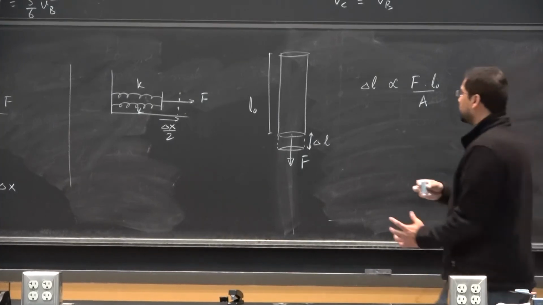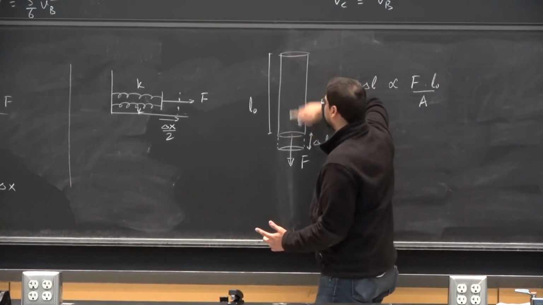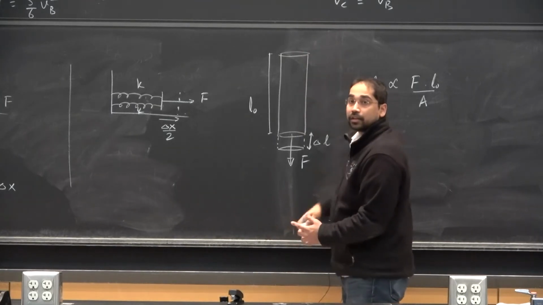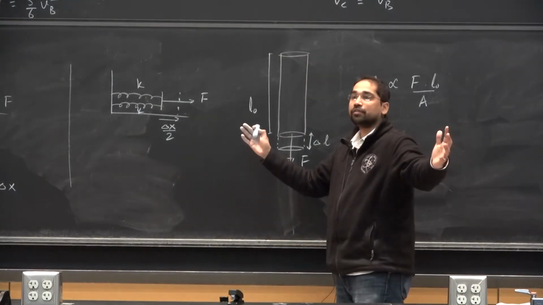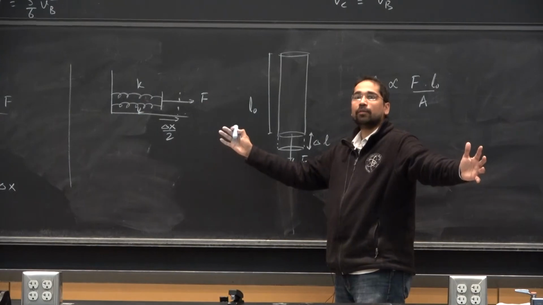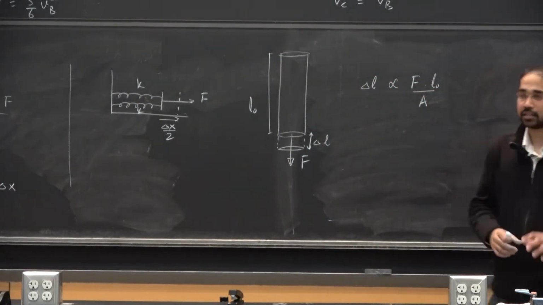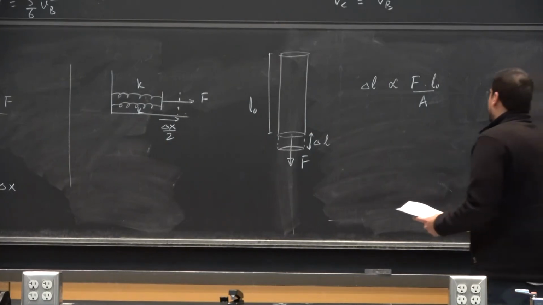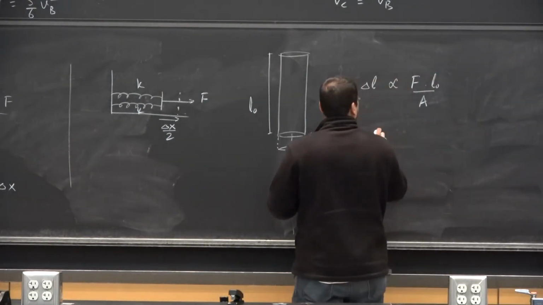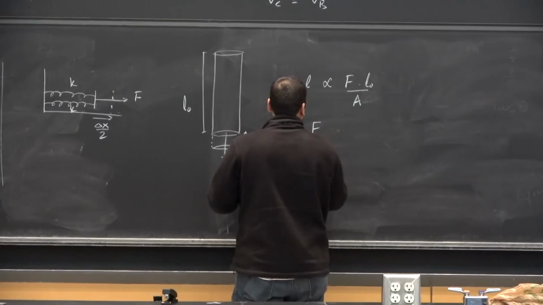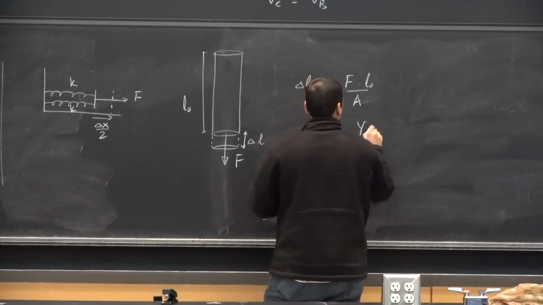So imagine there are a bunch of springs in parallel here. The more surface area, the more springs it is accommodating, so the extension goes down proportionally. That's kind of the equation. And there's a proportionality constant that balances this out, so I'm going to rewrite it a little differently.